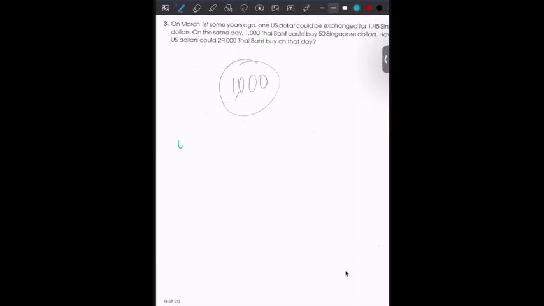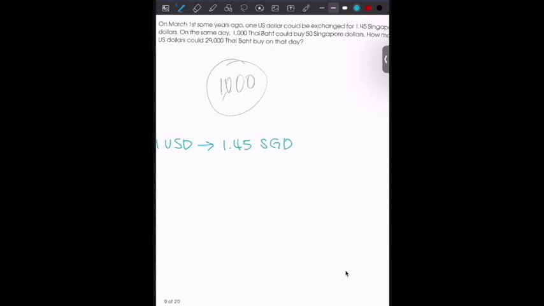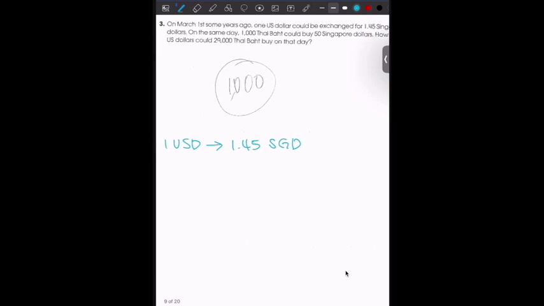So $1 US could be exchanged for 1.45 Singapore dollars. And on the same day, 1,000 Thai baht could buy 50 Singapore dollars. So I'll just write baht.